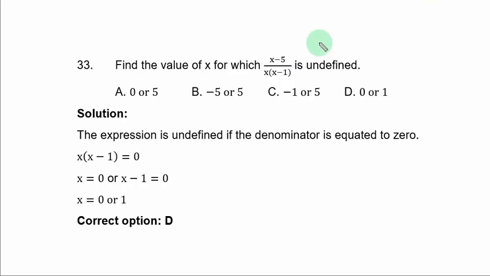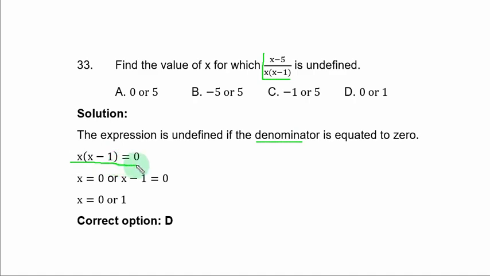Question 33. Find the value of s for which (s minus 5) over s(s minus 1) is undefined. The expression is undefined if the denominator is equated to 0. So you have s(s minus 1) equal to 0.